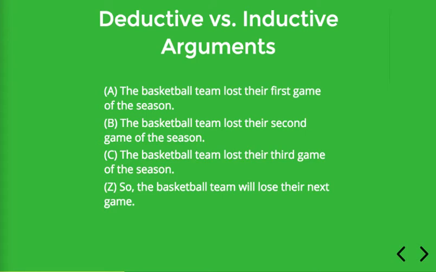In any case, it might not be a good team to bet on, but there's nothing irrational about accepting the premises and rejecting the conclusion. Whereas it would be irrational to accept the premises but not the conclusion for the previous argument that we saw. So an inductive argument is one where the premises are supposed to provide evidence or support for the conclusion, but not absolute certainty. Let's look at another example to become familiar with this.